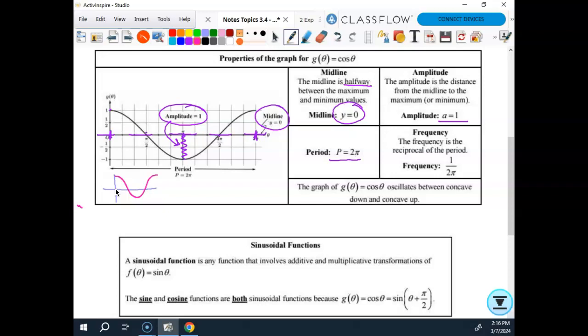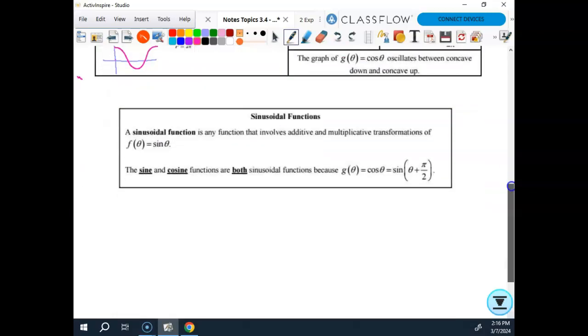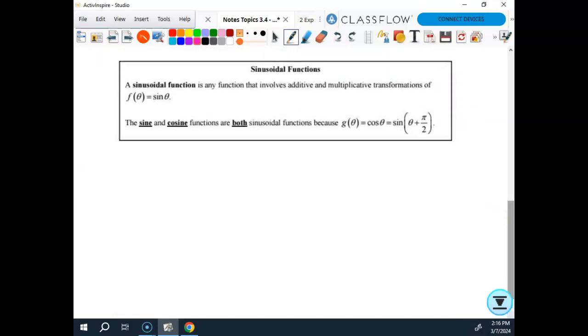What questions you got? All right, so then down here real quick before we get to the examples, this is what I was talking about with your sinusoidal functions. Everything's a sine wave. No such thing as a cosine wave. There's cosine graphs, but all the waves for sound and stuff are sine.